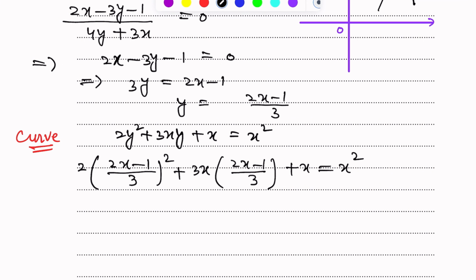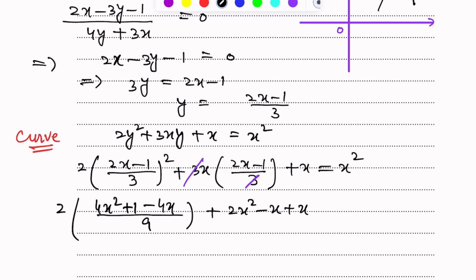Now simplifying it, the 3 and 3 cancel. Now squaring this fraction, we get 2 into 4x square plus 1 minus 4x over 9, plus 2x square minus x plus x is equal to x square.